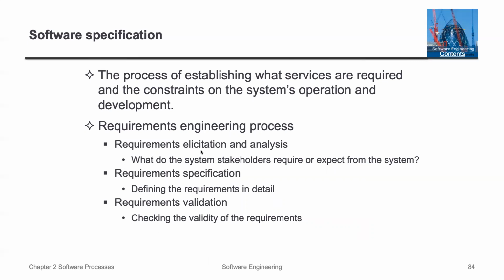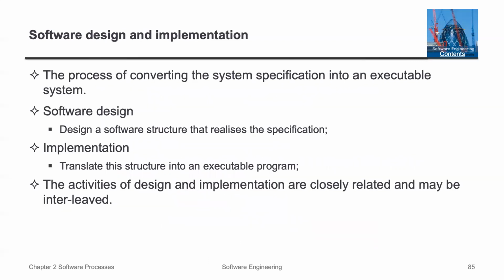The requirement elicitation analysis, this is where we try and figure out what the system stakeholders require or expect from the system. The requirement specification, this is where we're trying to define the requirements in detail. And finally, the requirements validation is checking the validity of the way that the requirements are articulated. Does it actually work?